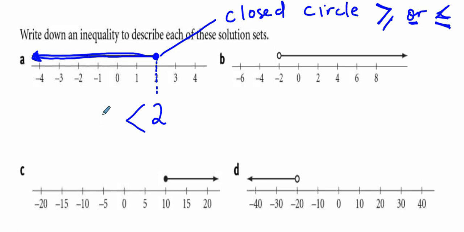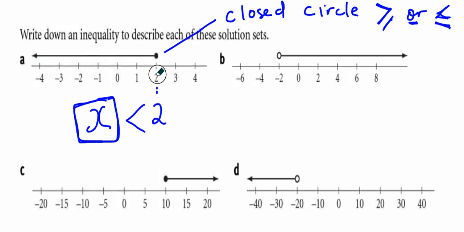All those numbers are represented by using the letter X. But remember what I said? I said that when you see a closed circle, that implies either greater than or equal to or less than or equal to.